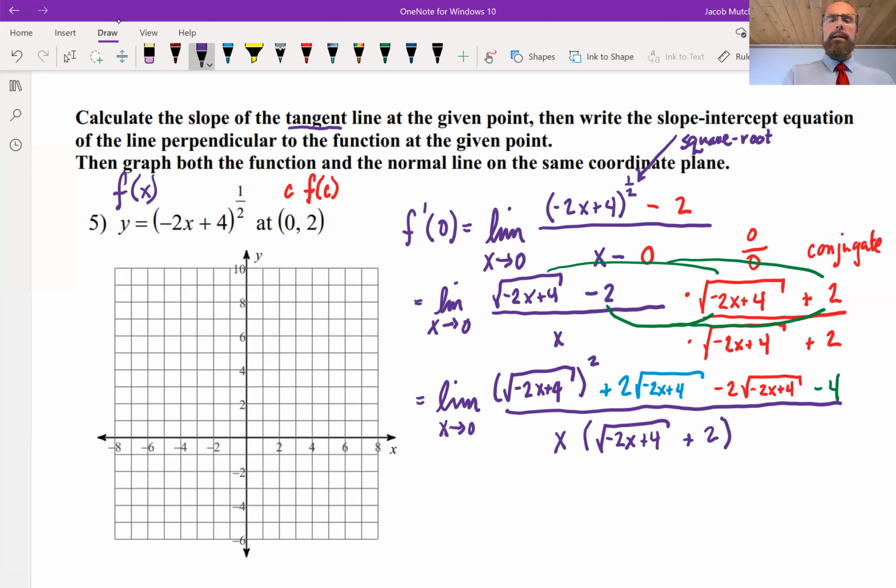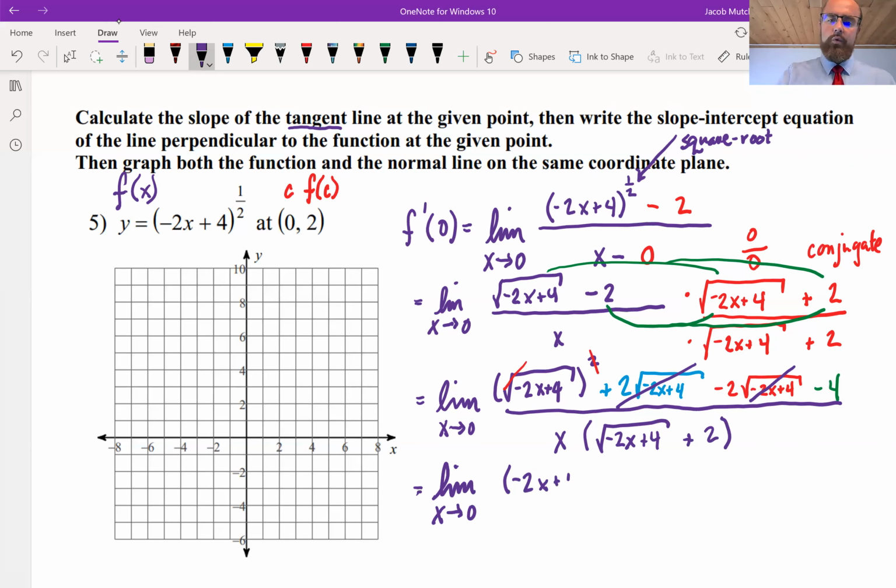The way we've created this, the outer in the blue and the inner in the red cancel because they're the same term, opposite sign. The other thing that will cancel here is the square and the square root. Those are inverse operations, so the square root cancels both. And that gives me this simplified version. It's the limit as x approaches 0 of simply -2x plus 4.